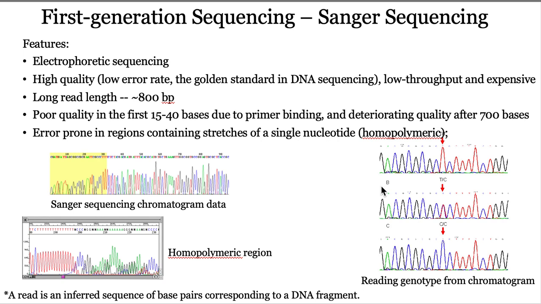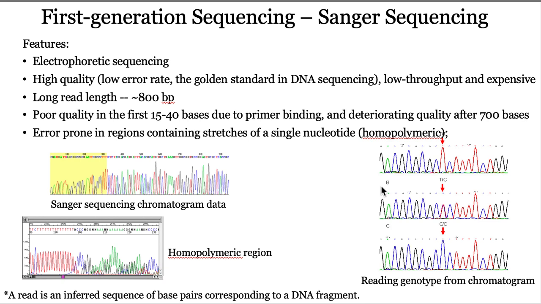If you look at this specific position, it is TT because there's only one signal, one color here. And this only blue color represents CC. But if you look closely at this position, it is a blend of red and blue. So it actually indicates heterozygote at this position.